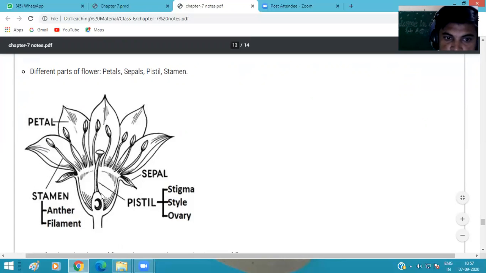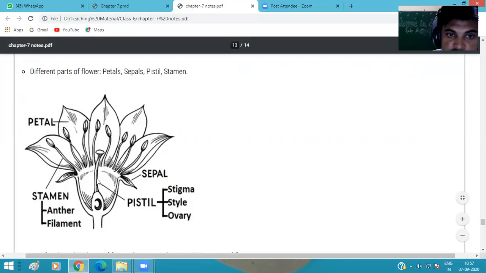The reproductive part has two parts: pistil and stamen. These are the stamens, 1, 2, 3, 4, 5, 6, 7, 8, 9. These are the male part. So male and female are both reproductive parts, and they are covered with colored leaves.